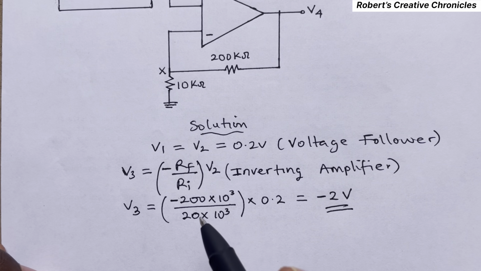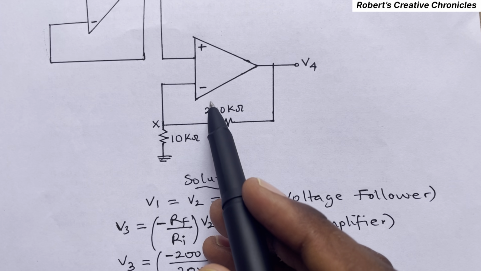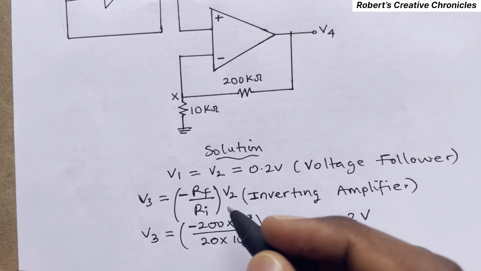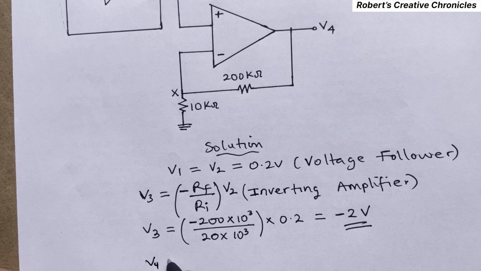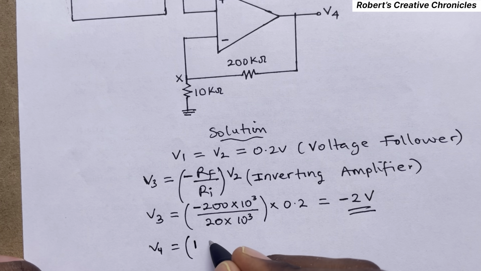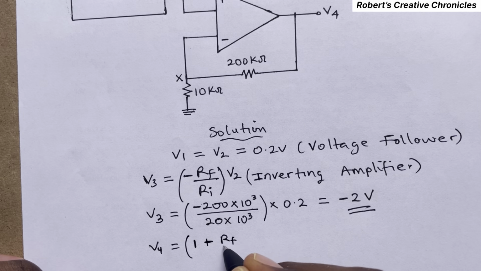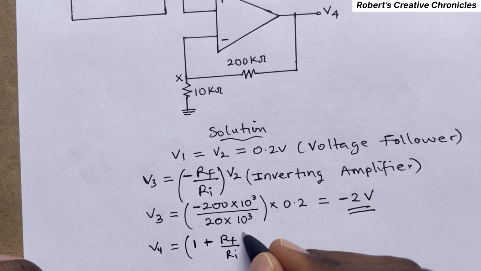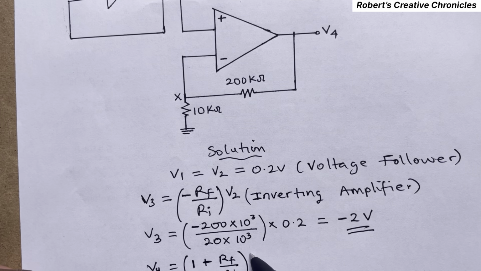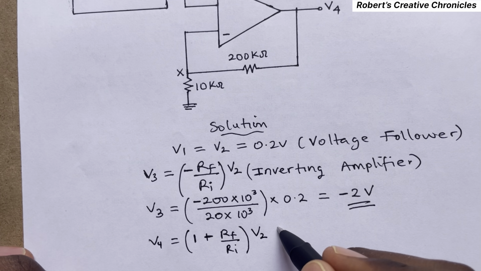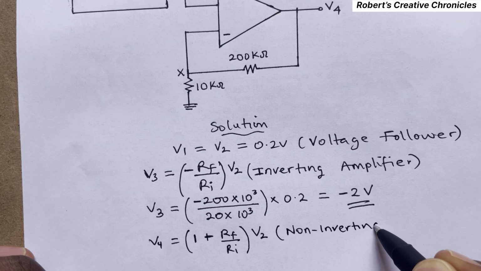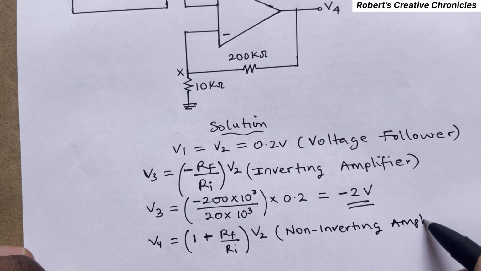Then this is a non-inverting amplifier, and the formula is different from this. The output is V4, and it is 1 plus Rf over Ri, times the input, which is V2. This is for a non-inverting amplifier.